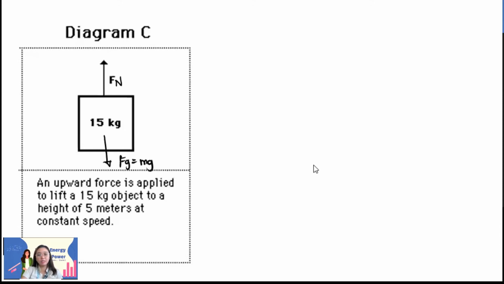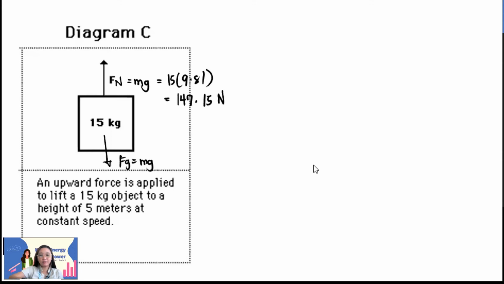So the minimum force for us to lift this 15 kilogram box would also be equal to mg, which is 15 times 9.81, equal to 147.15 newtons.